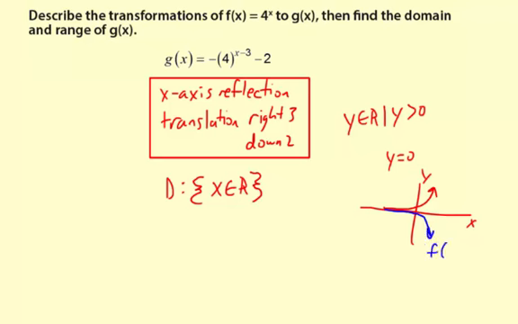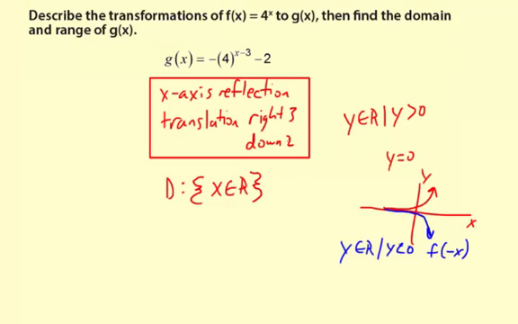So this is f of negative x. So when you do that, that automatically changes the range. So instead of y is greater than 0, it's going to be y is less than 0. So we would say y is an element of the real numbers such that y is less than 0.